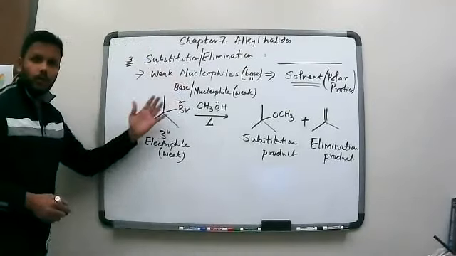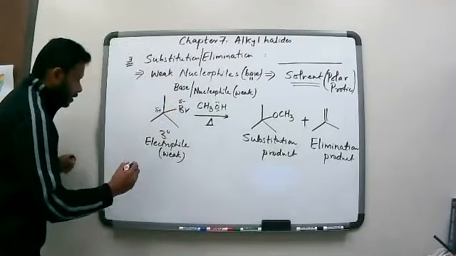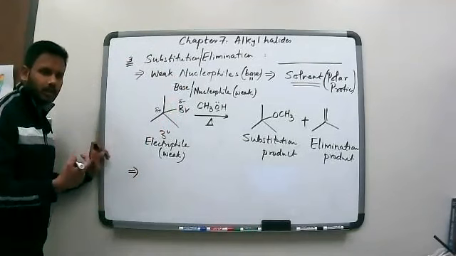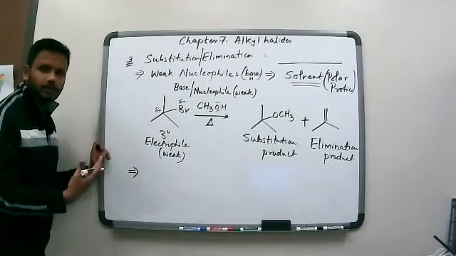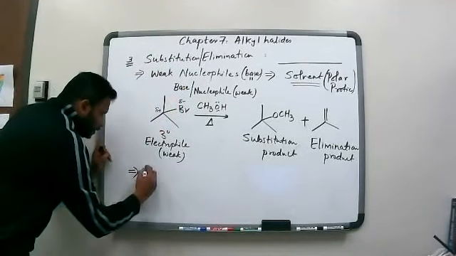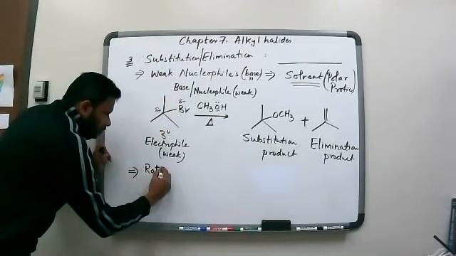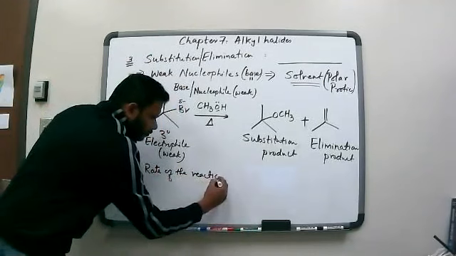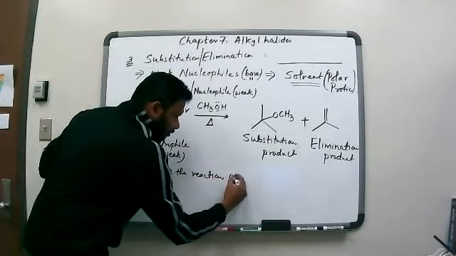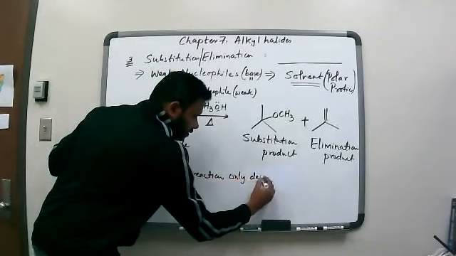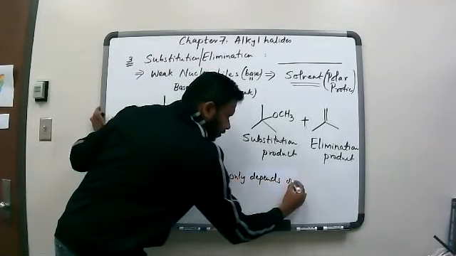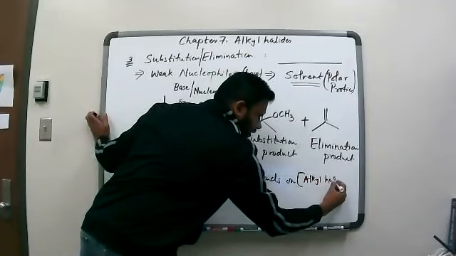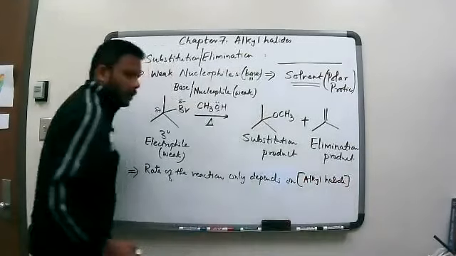So what do we know about these reactions? Again, in terms of mechanism, when you do studies, what did people find? What they found is the rate of the reaction only depends on the concentration of the alkyl halide.